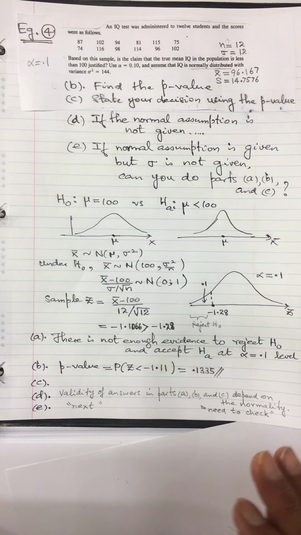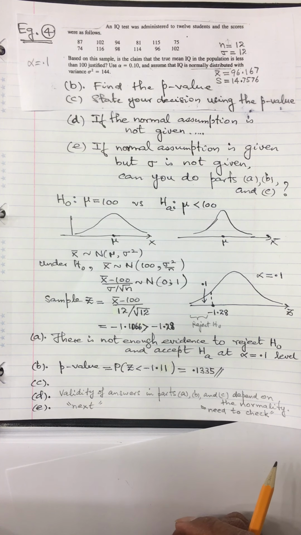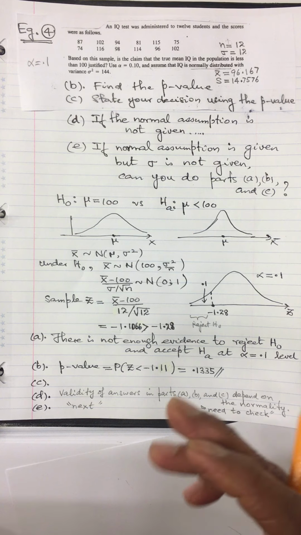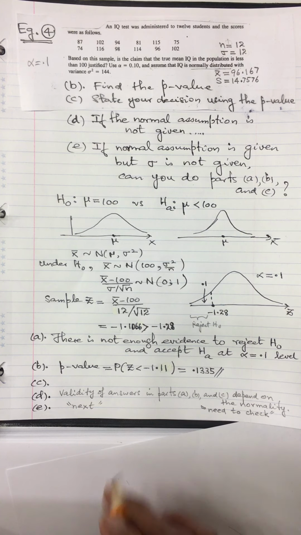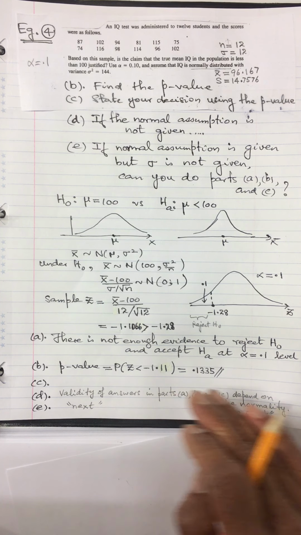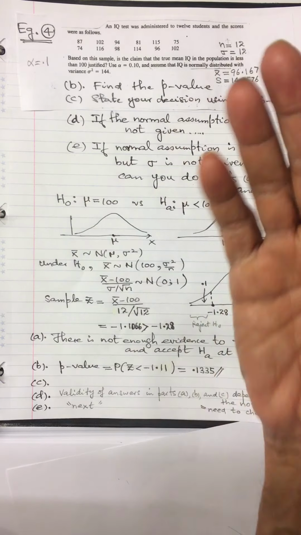But the other way around, you already have all the data. You remember that you know how to check whether the data is coming from a normal distribution. If you have software, like R or Minitab or whatever software you're using, you can use a quantile plot to see whether the data is coming from a normal population.